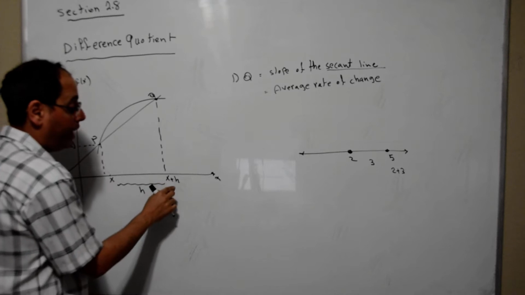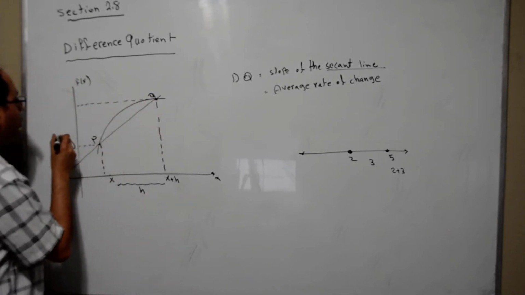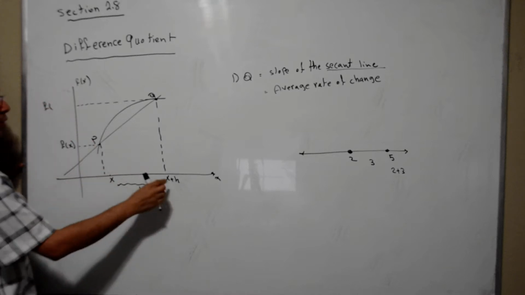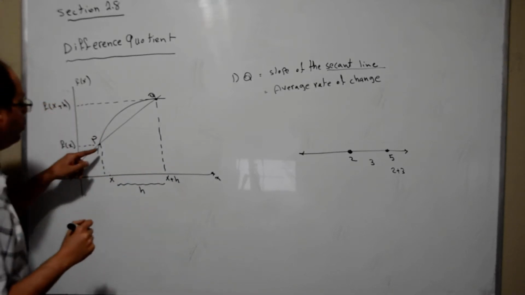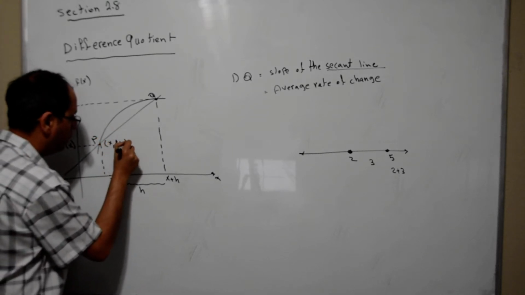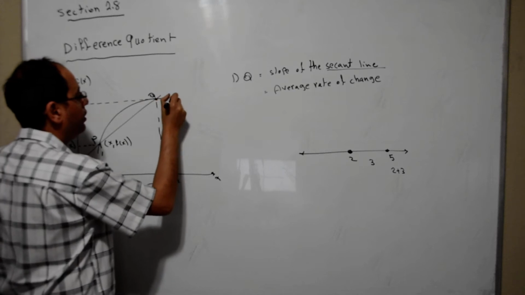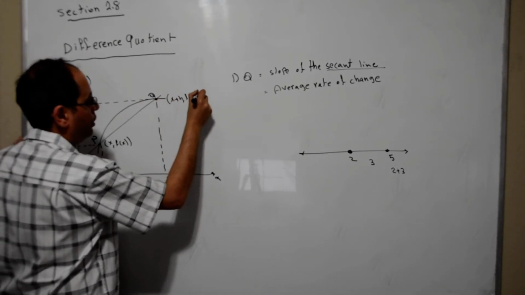If this is x plus h, what is the y-coordinate here? It would be f of x plus h. Perfect. Okay, let's write the coordinates here. This is x and f of x, and I have this x plus h and f of x plus h.